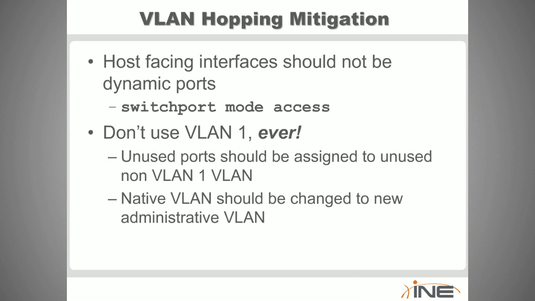So if you have users going around and plugging into all sorts of different ports and the network is very dynamic, then maybe this is not a good solution. But if you have a very high security environment where you know exactly which ports are supposed to be used, then it's a good idea to basically disable all of the unused ones.